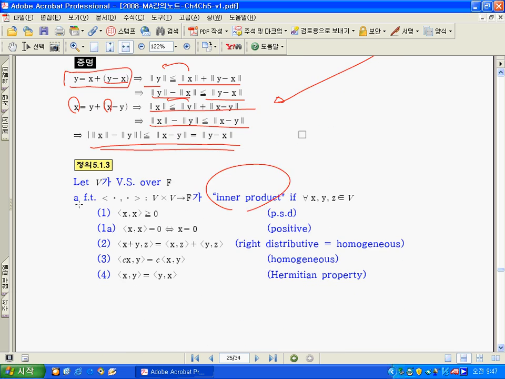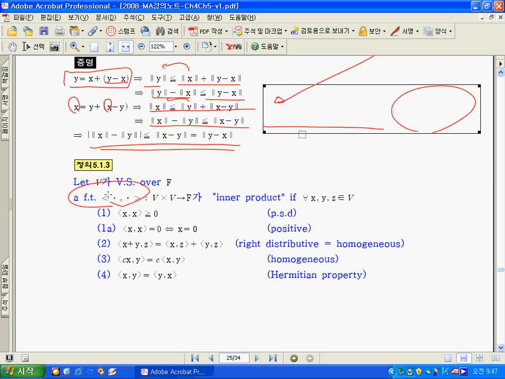Next, inner product. A function is called an inner product if it satisfies these 5 properties. First, positive semi-definite, and positive, and it is distributive on the right additions, and the scalar multiple of the first component can come out.